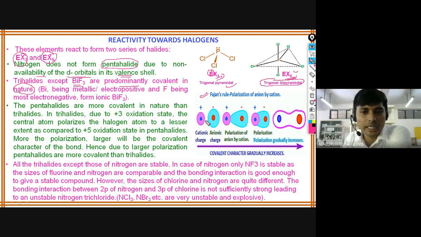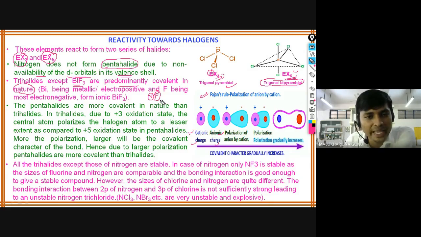What happens in the case of Fajan's rule? You can see here cationic charge and anionic charge. If you go down the group, size differences will be there. In the beginning, for example, nitrogen and phosphorus are almost the same type of sizes, nearby closer.